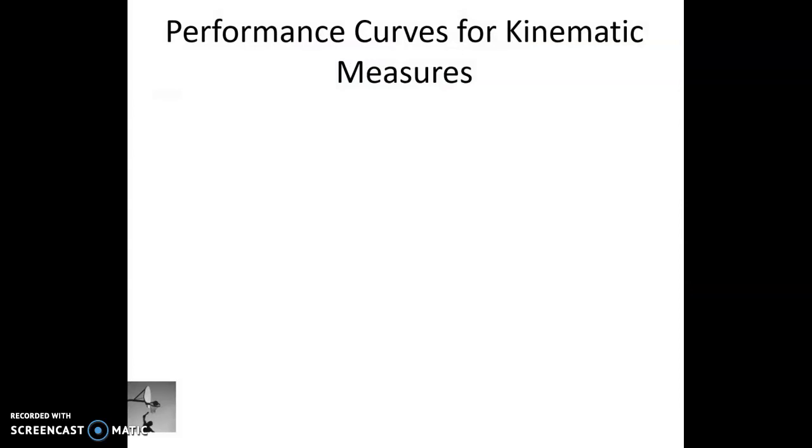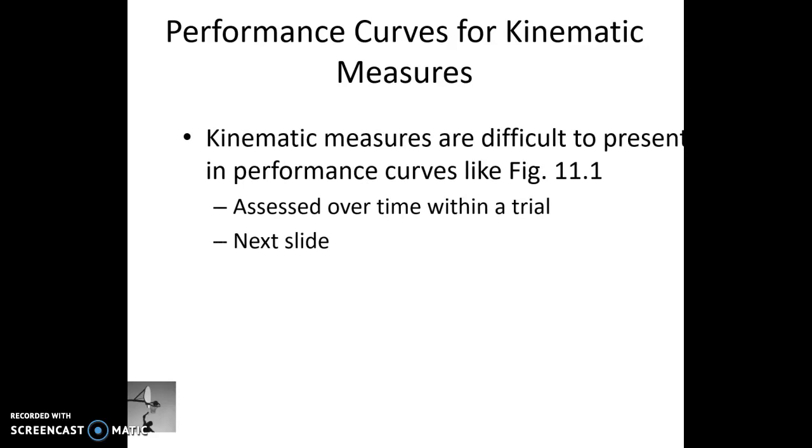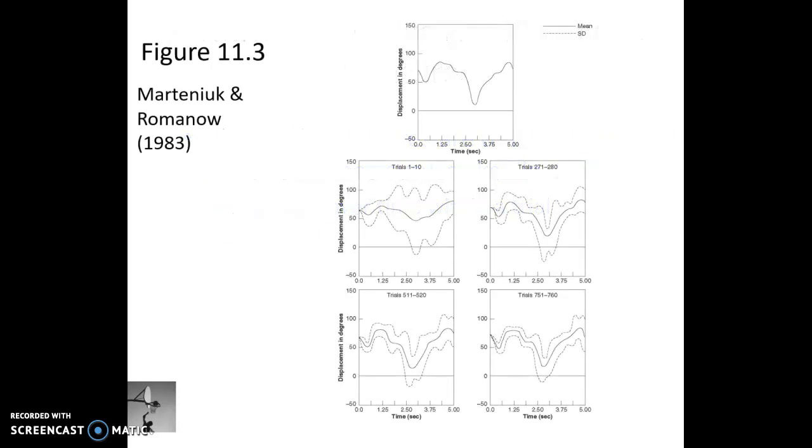When we're measuring kinematic movements, and remember, kinematic displacement, like movement over time, over space, there's ways that we can measure if learning has occurred. Figure 11.1 in your textbook looks like this, and the actual criterion task is in a motor learning setting, and this is the movement I want to replicate.